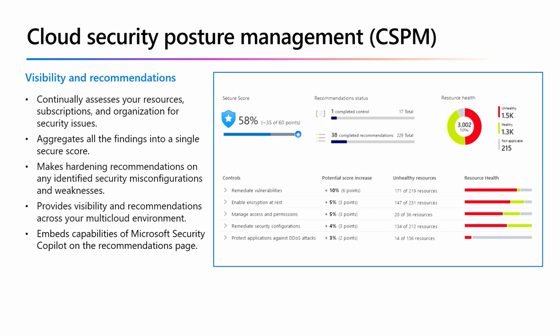Your score only improves when you remediate all of the recommendations for a single resource within a control. You can use these security recommendations to strengthen the security posture of your organization's Azure, hybrid, and also multi-cloud resources. In addition, you can save time with the embedded capabilities of Microsoft Security Copilot on the recommendations page.